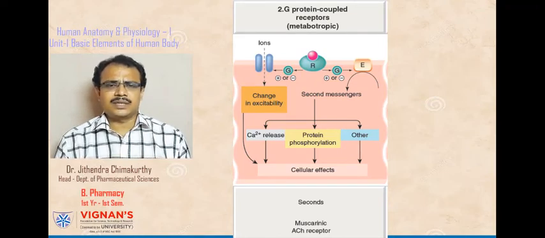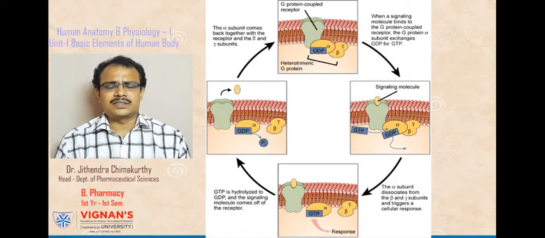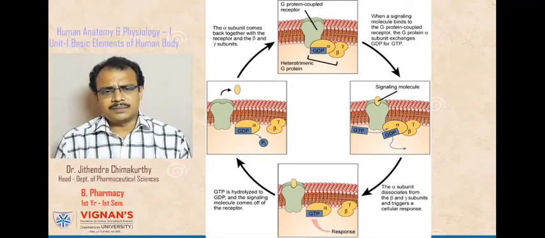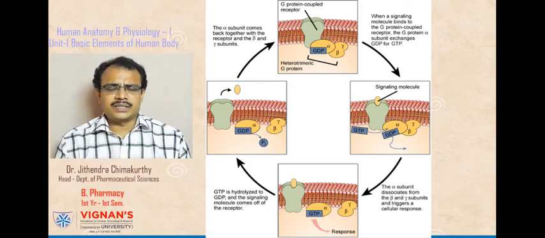In this, these receptors are coupled with specialized proteins called G proteins, and these G proteins are bound to the intracellular site of this receptor, and whenever a ligand binds to this extracellular surface of the receptor, it leads to modulation in this polypeptide chains in the membrane, leading to activation of these G proteins which are bound to the intracellular site.